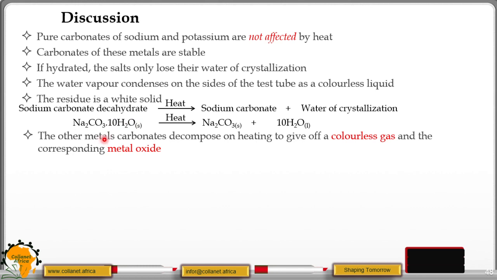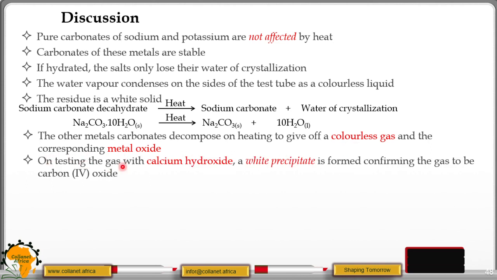The other metal carbonates decompose on heating to give off a colorless gas and the corresponding metal oxide. This colorless gas is carbon 4 oxide. So you get carbon 4 oxide and the metal oxide. On testing the gas with calcium hydroxide, a white precipitate is formed, confirming the gas to be carbon 4 oxide.